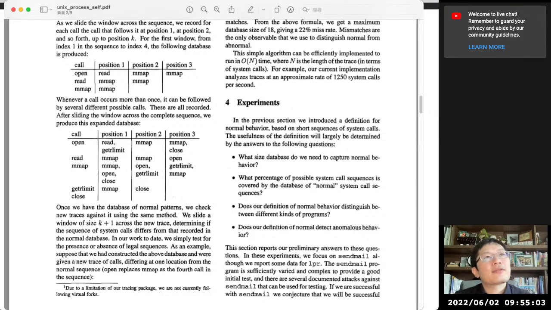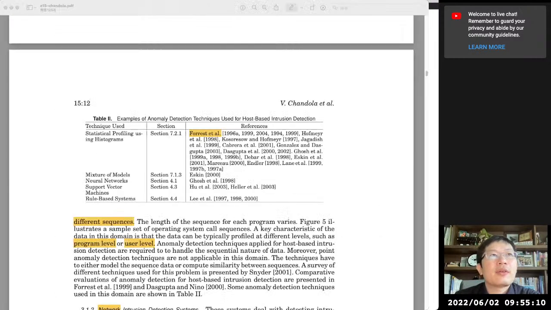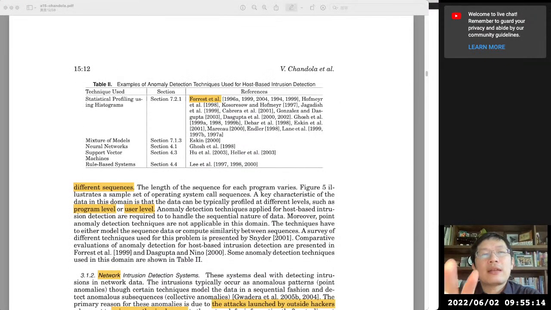So I think the very interesting and important thing is that this paper proved that such techniques, the anomaly detection assumption, are valid. From that time, a lot of security experts detect anomalies using this concept.